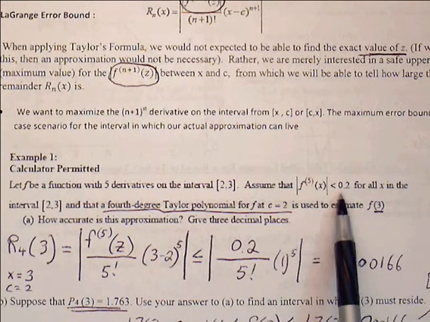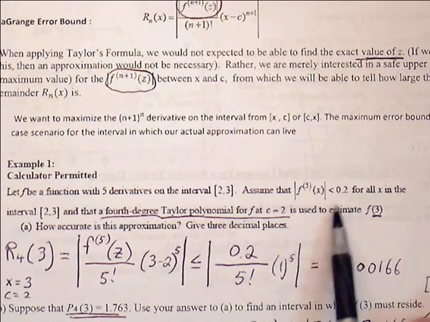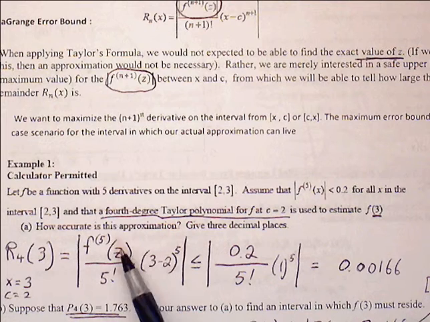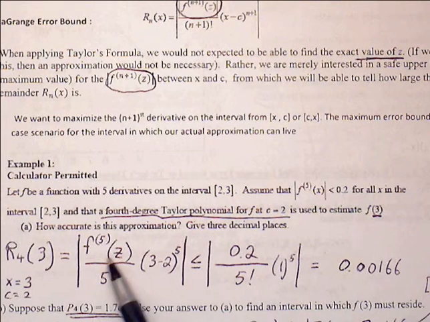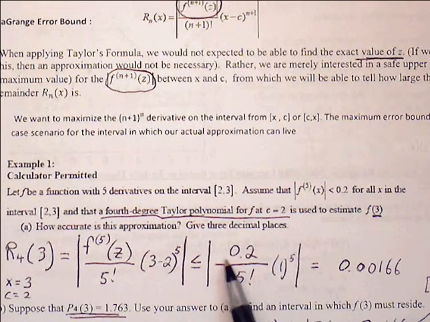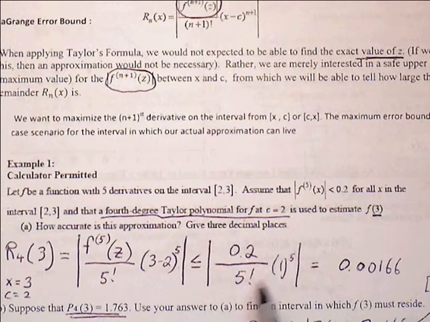So this is the worst case scenario, the max value. We just know that this must be less than 0.2. So if we replace that with 0.2, then we have a safe upper bound to work with, knowing that the remainder cannot be any greater than this.